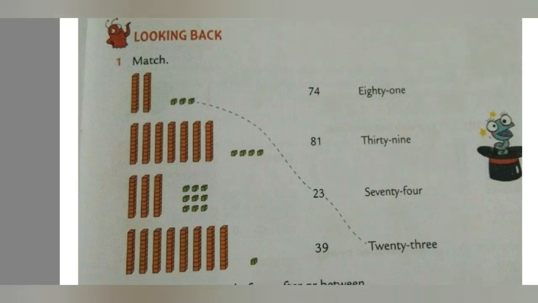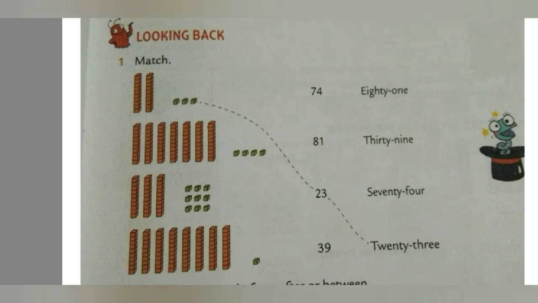How many boxes are there? 3. So that means it becomes 3. Now start matching it with the number and its number name. Like, the first one is 20 and 3, it's already done. 23, and you have to match it with its spelling.